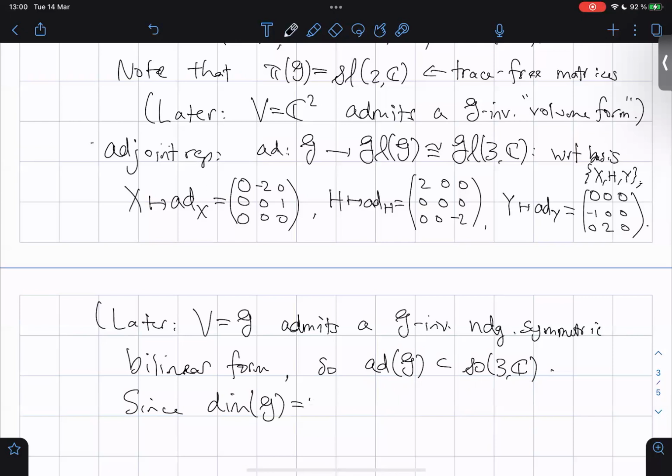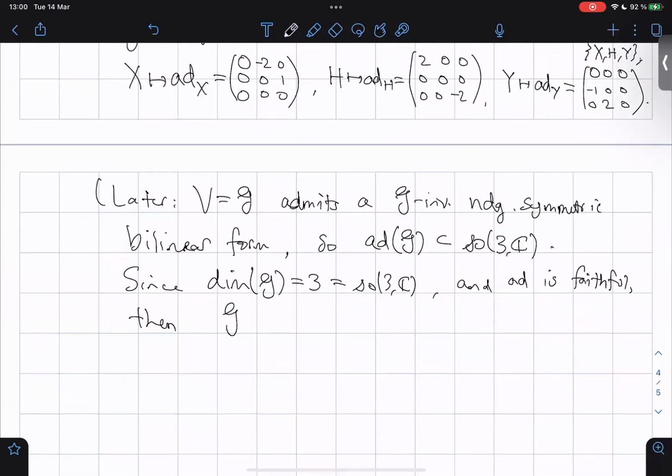The adjoint map is faithful, then this ad map is actually specifying an isomorphism between SL2C and SO3C.